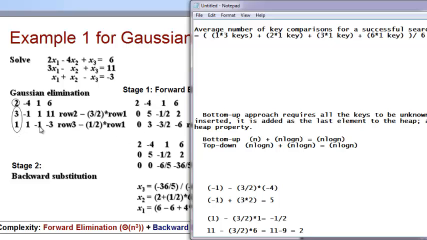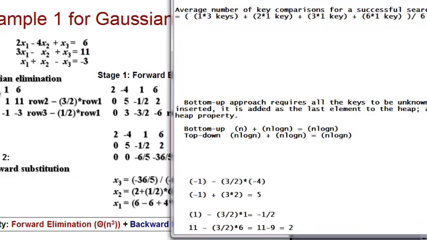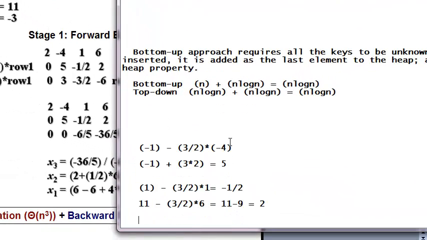1 minus 1 over 2 times 2, which is 1 minus 1, so 0. Then 1 minus half times negative 4, that's going to be 1 plus 2, which is 3.